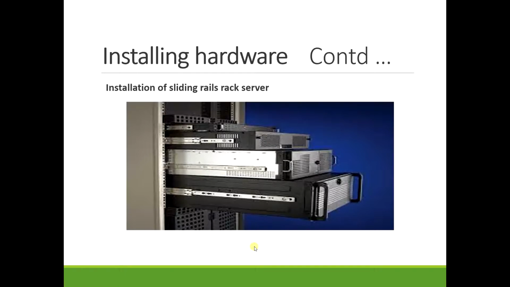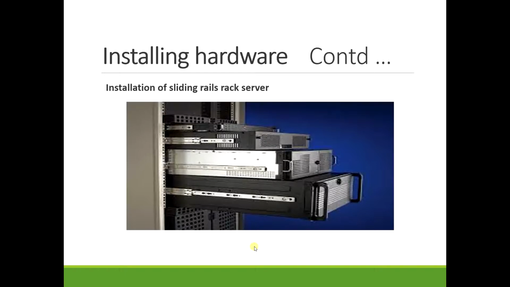So the keyboard, video, mouse switches use standard connectors for the server and console cables, and they make use of adapters and connectors on the KVM end, that is the keyboard, video, mouse end.